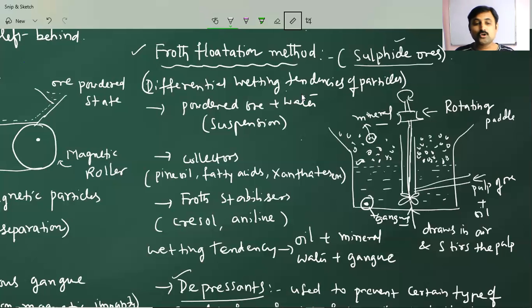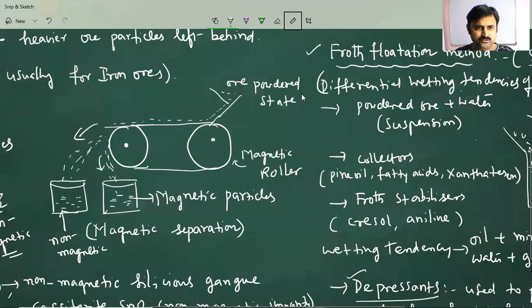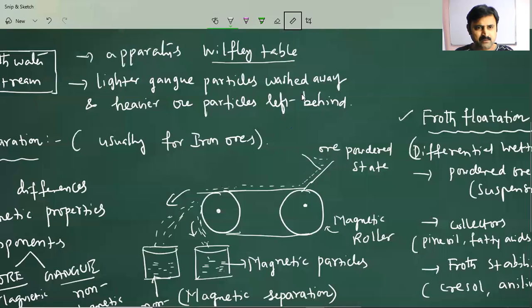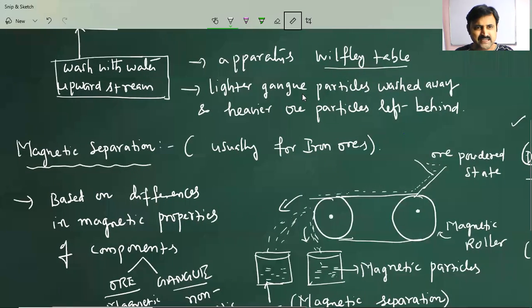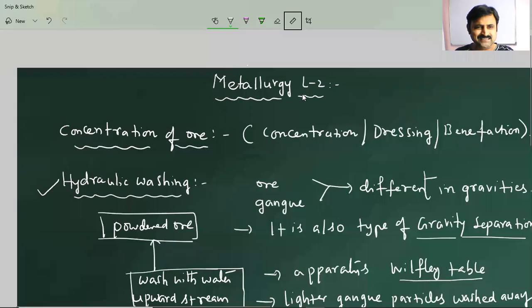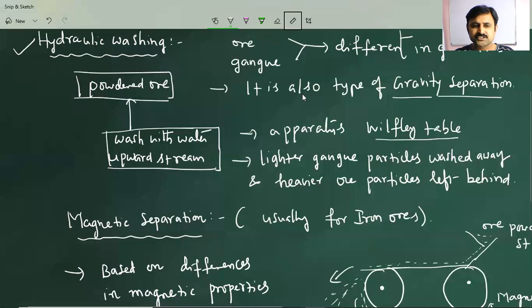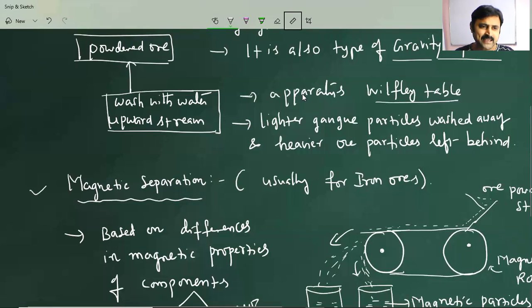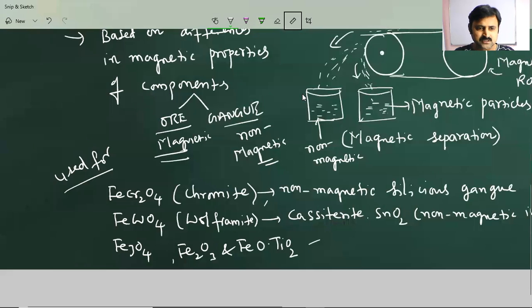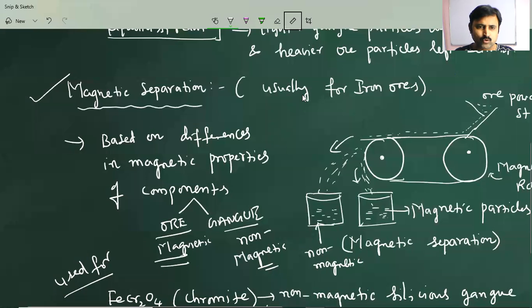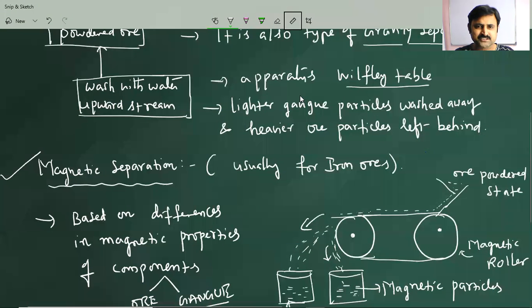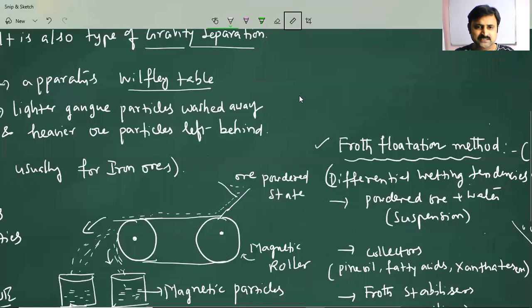I hope you understand this session. In this session, I went very slowly, telling about things related to the concentration of ores in metallurgy. I discussed concentration of ore, hydraulic washing, the method of magnetic separation, and the important ores considered under magnetic separation.